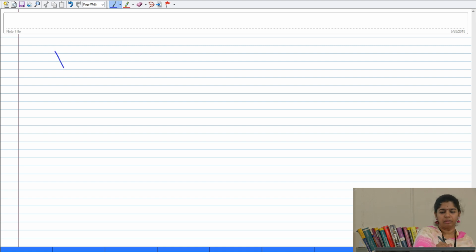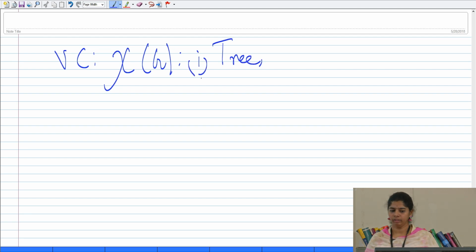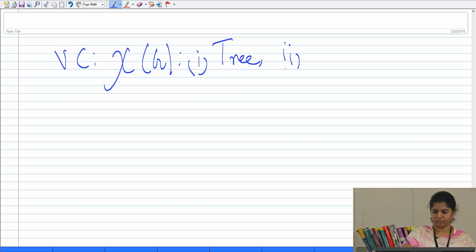Can you give the vertex coloring number or the chromatic number of the following graphs? Say a tree, if possible you can also tell me now if it is quite easy.